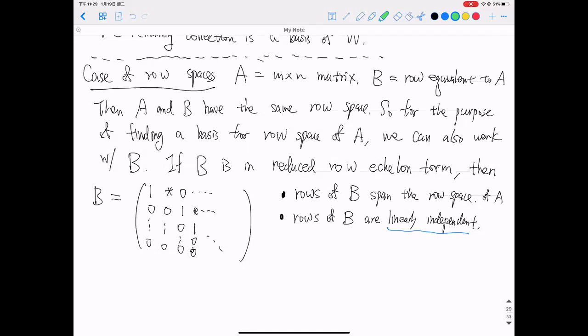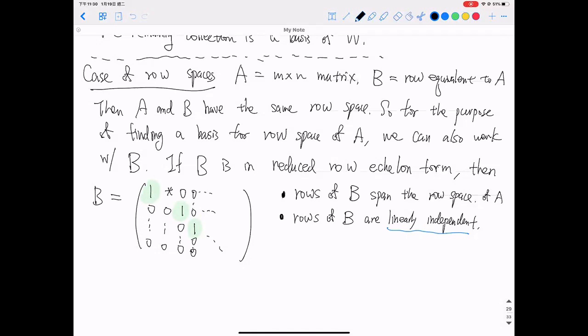You're trying to form a linear combination of the rows, and you see that when you multiply the coefficients to these rows respectively and add them together, you're going to get the coefficients appearing in the places of the leading ones.